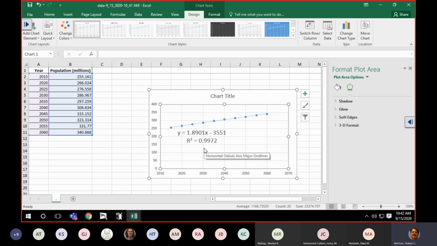I don't know what else they're going to ask. The only thing is, if they were to say years since 2010, then you might want to change the bottom to 0, 10, 20, 30, 40, 50, but I don't think they said that.